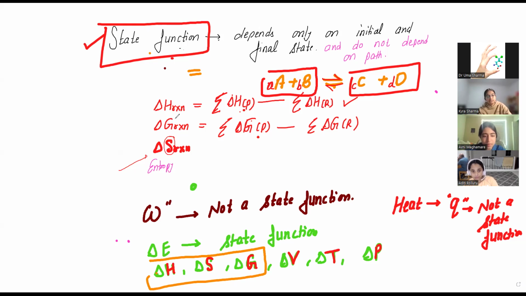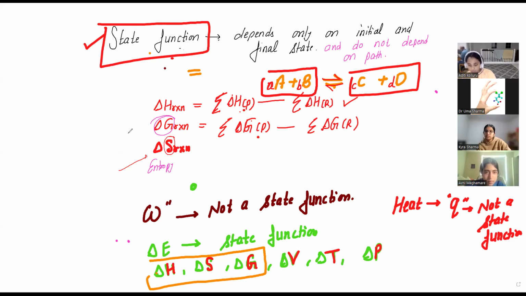Yes. What is delta G? Yes, Aditi. Spontaneity, and it gives free energy. And what is it going to tell you? How spontaneous it is. Very good. Excellent. Spontaneity of the reaction.